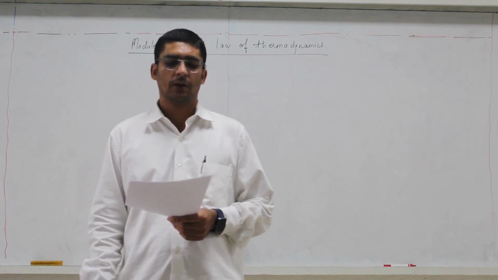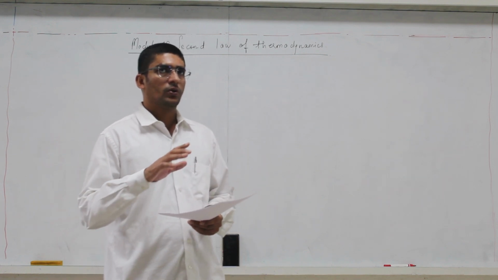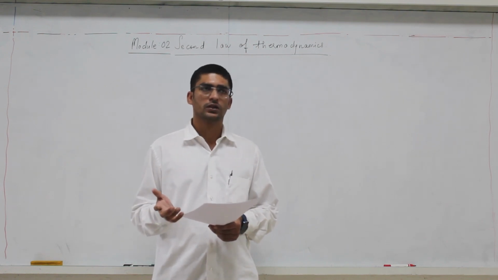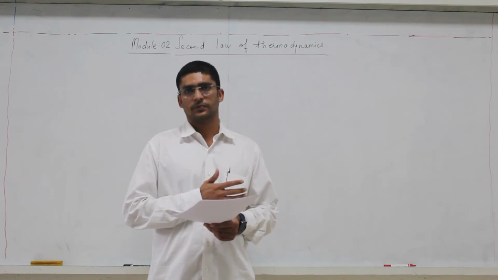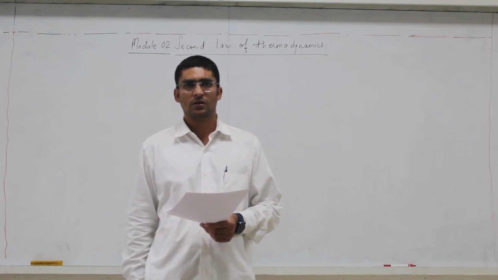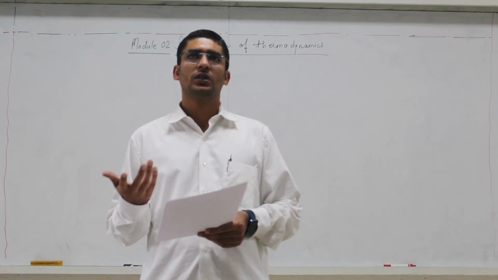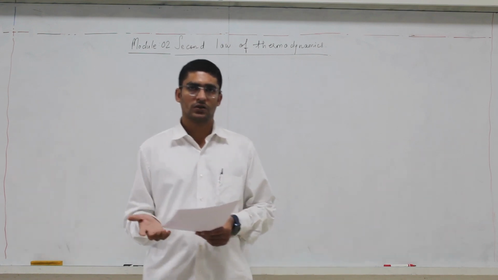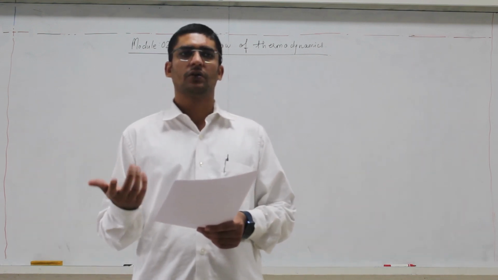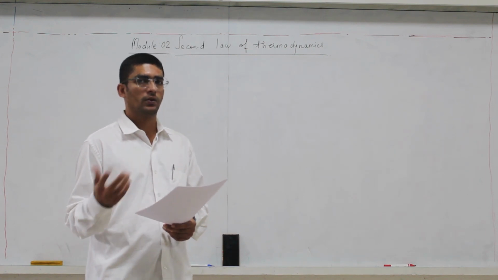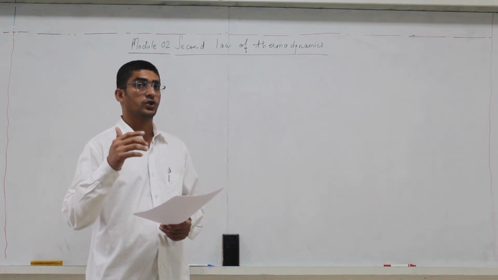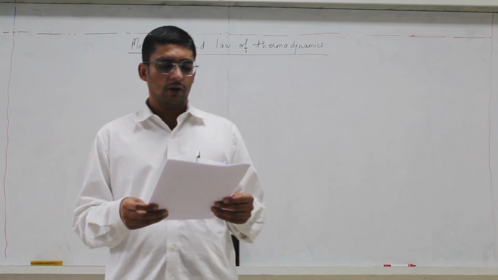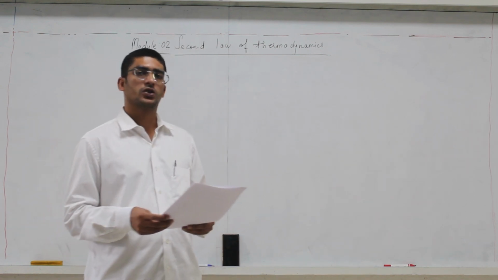Then you are going to investigate a heat engine using the Carnot cycle and evaluate its efficiency. Then we will see what happens when you reverse the heat engine: it becomes a refrigerator. You will see the evaluation of that refrigerator in the form of COP, the coefficient of performance. So we are going to mainly revolve around the second law statement.